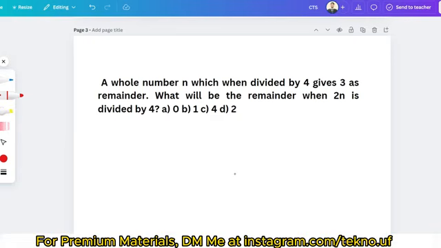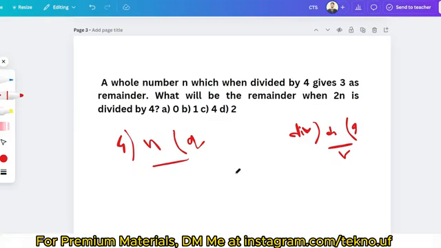So you know guys that we have divisor, quotient, dividend, remainder. Here they have told that n, when divided by 4, gives quotient q and remainder 3.